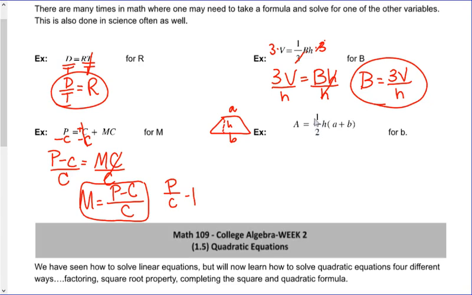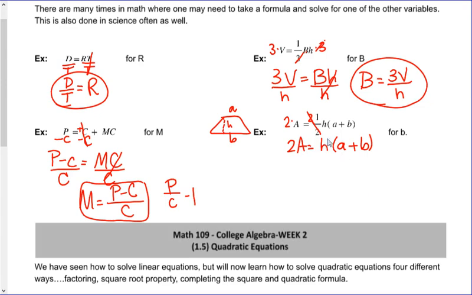First off, notice we have this fraction. Let's just like up here, get rid of that 1/2 by multiplying by the number underneath, which is 2. Half of 2 is 1, so that goes away. And I'm left with 2A on this side equals h times A plus B. Now, your first inclination may be to go ahead and distribute that h, but I think it makes it more difficult if you do that.